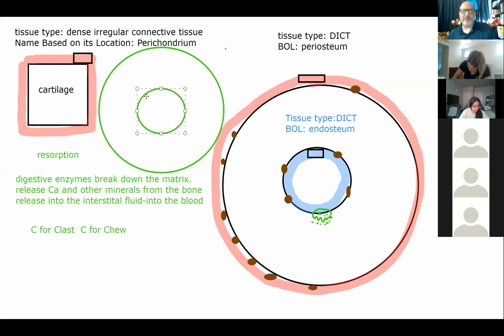So how do we get rid of matrix to grow the cavity? Osteoclasts. So notice that's why the osteoclasts are primarily found in the endosteum. Of course, that doesn't mean there aren't any on the outer surface. There are a few, but they are mostly in the endosteum. So our osteoclasts are mostly in the endosteum.